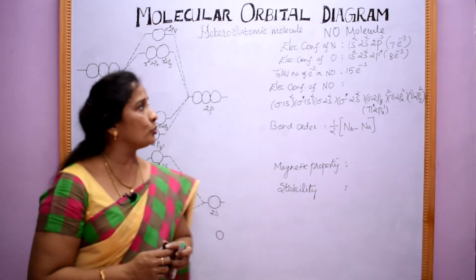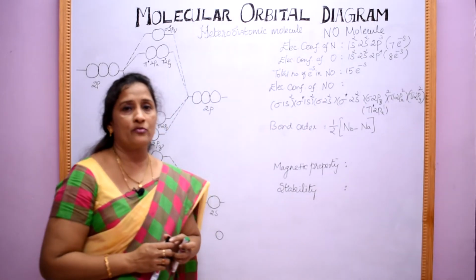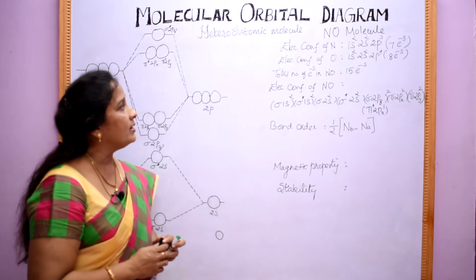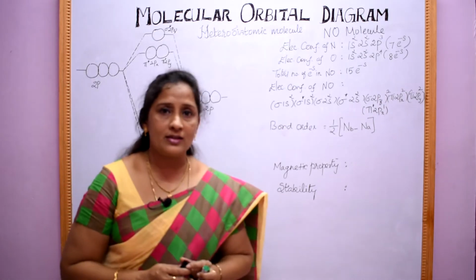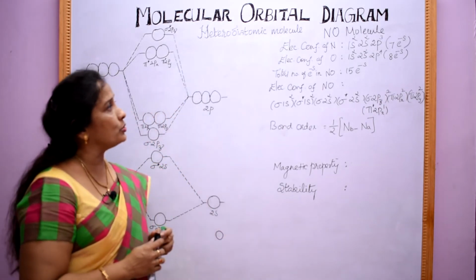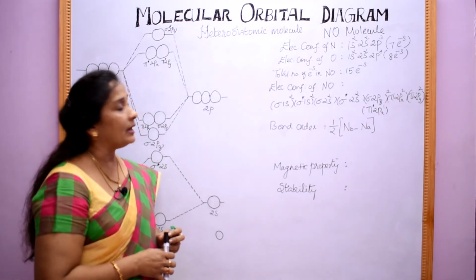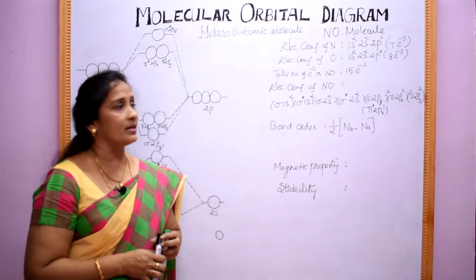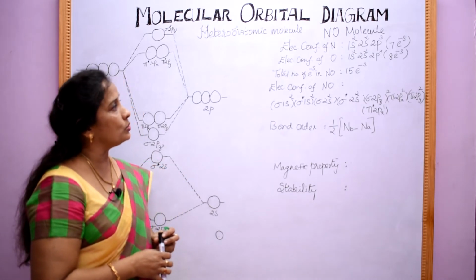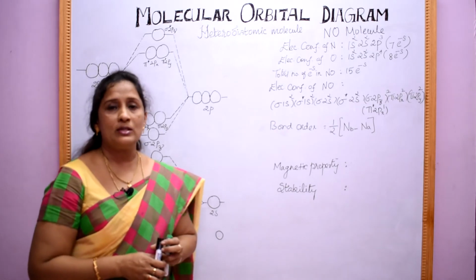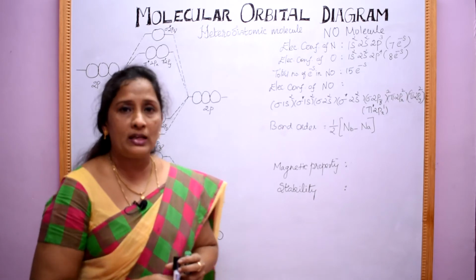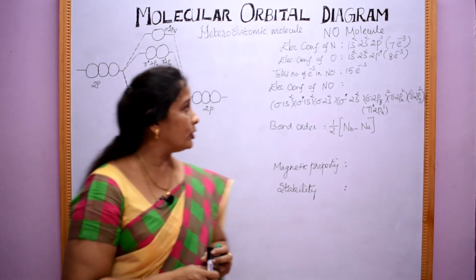Now let us move on to the molecular orbital diagram of the NO molecule. The electronic configuration of nitrogen is 1s2, 2s2, 2p3. There are 7 electrons in nitrogen, and the electronic configuration of oxygen is 1s2, 2s2, 2p4. There are 8 electrons. So altogether there are 15 electrons in this NO molecule.